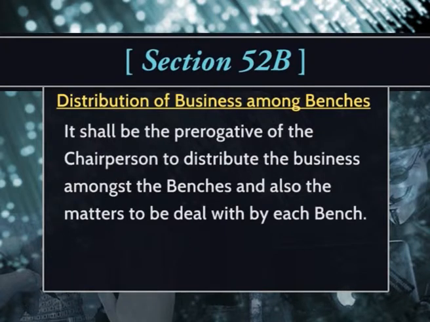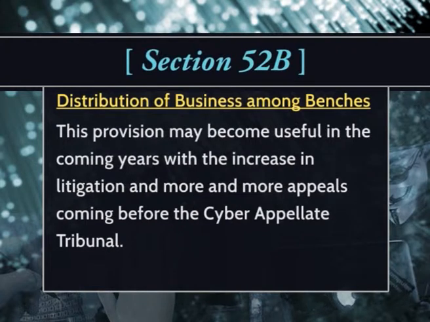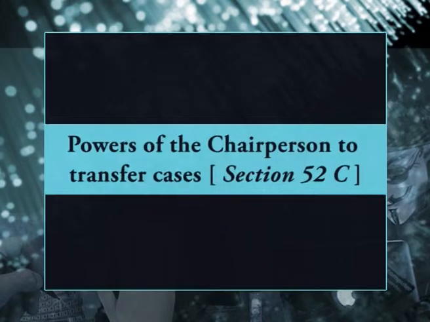It shall be the prerogative of the chairperson to distribute the business among the benches and also the matters to be dealt with by each bench. This provision may become useful in the coming year with the increase in litigation and more appeals coming before the Cyber Appellate Tribunal. Then powers of the chairperson to transfer cases are defined in section 52C.